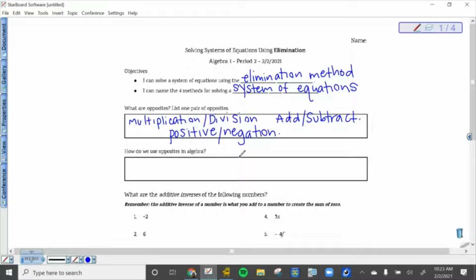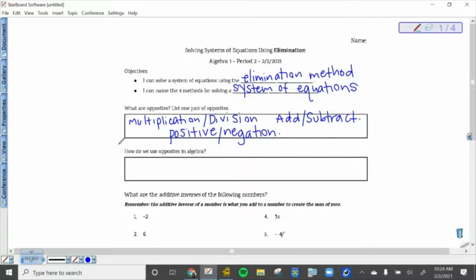And then how do we use opposites in algebra? You guys were kind of touching on it when you started talking about the different operators. But how do we use the opposites in algebra? What do we do? Brooklyn, what do you think? Yeah, exactly. And that's when we're solving equations, right? When we're solving equations, we use opposites to find the value of the variable.